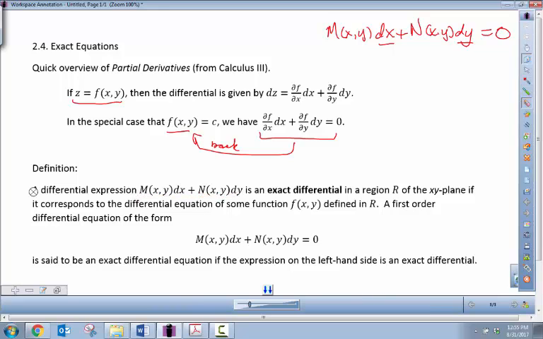When we're dealing with a differential equation, if somehow we can write, or it is given to us, as a differential, it is an exact differential equation if it corresponds to some function f of x, y. I'm sorry, I don't think there's a 0 there.